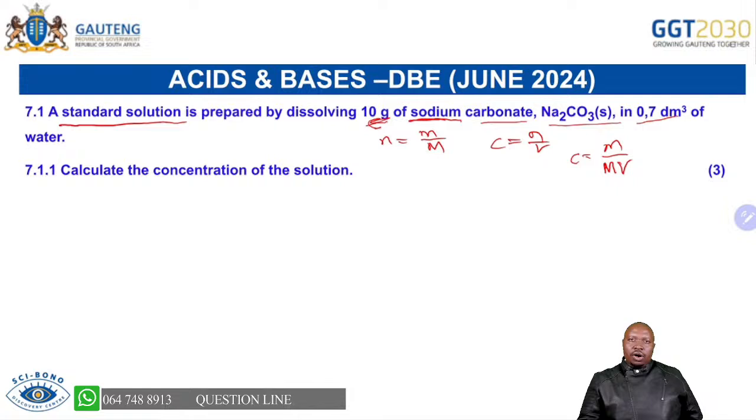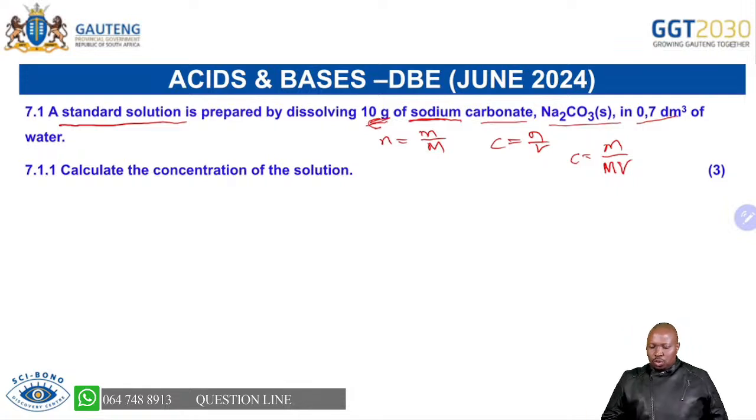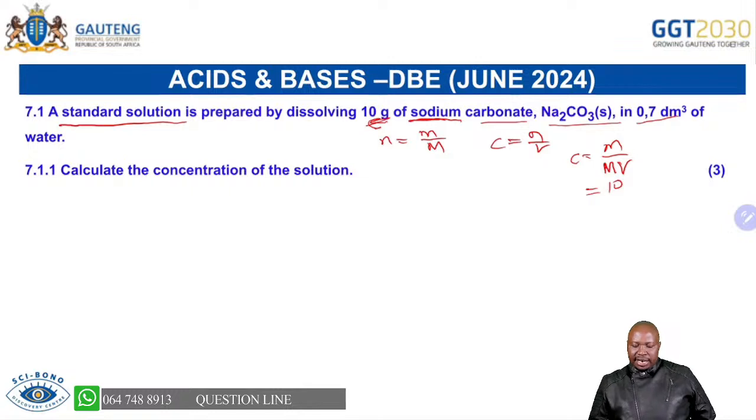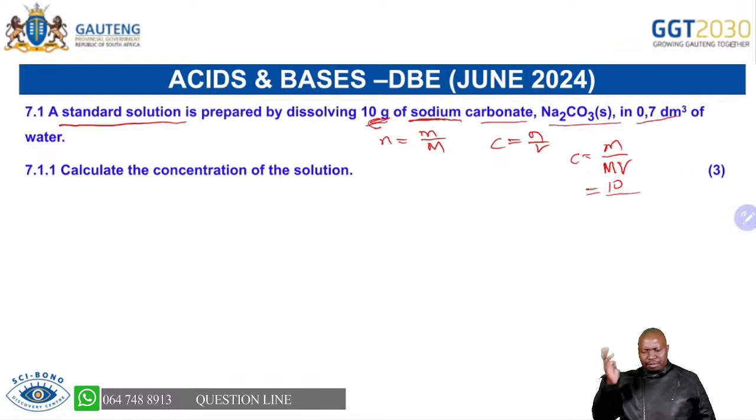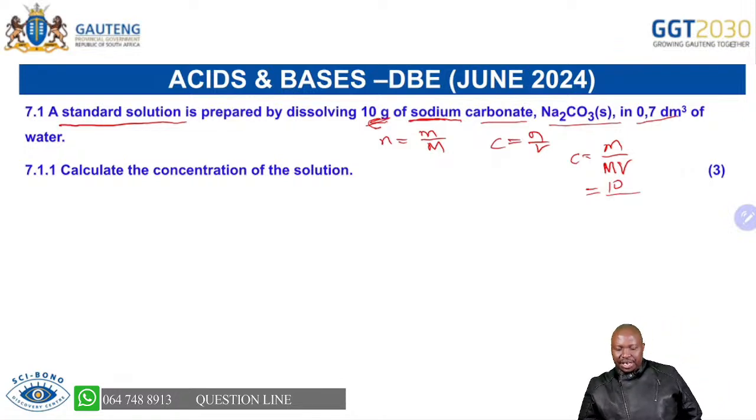So I'm hoping all this information helps you when you move towards answering this question, because the mass of sodium carbonate was given as 10 grams. You know the molar mass of sodium, if my mind serves me well, is 23, and 23 times 2 gives 46, plus carbon, which is 12, so 46 plus 12 is 58, plus 48.